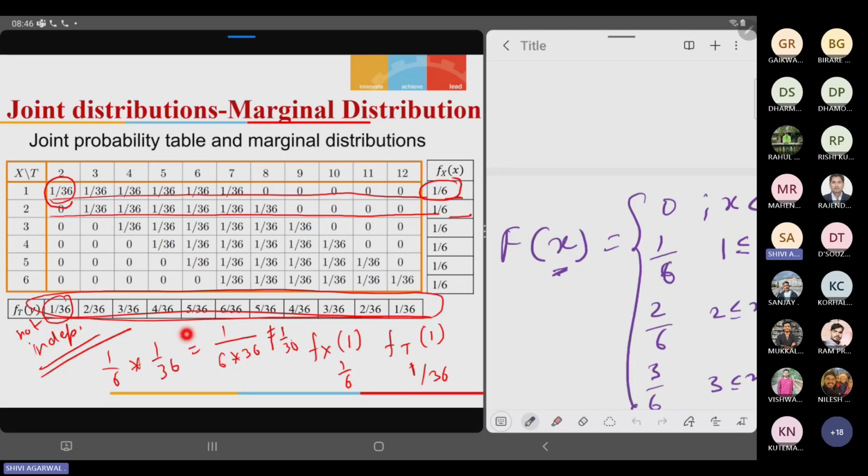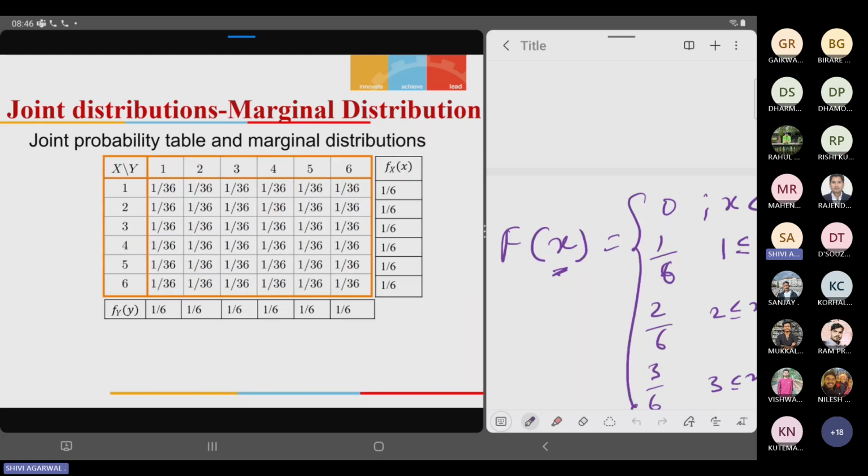That is the concept we are using. Any counter example you can take, then they are independent. In the previous example, let us suppose I am taking fx of 3. Fx of 3 is 1 by 6, and we are taking fy of 4, which is also 1 by 6.